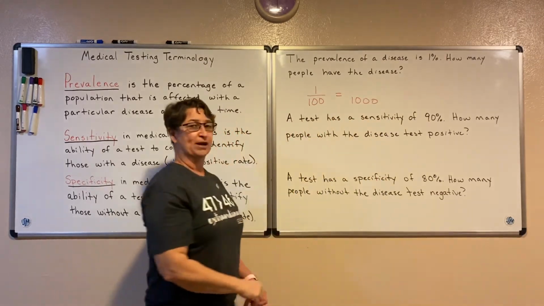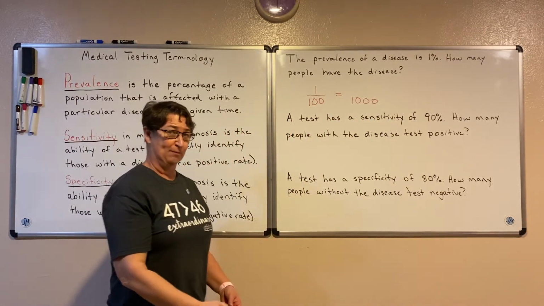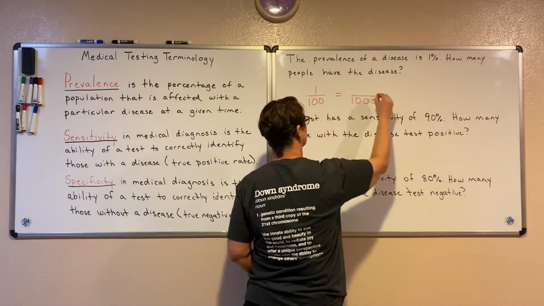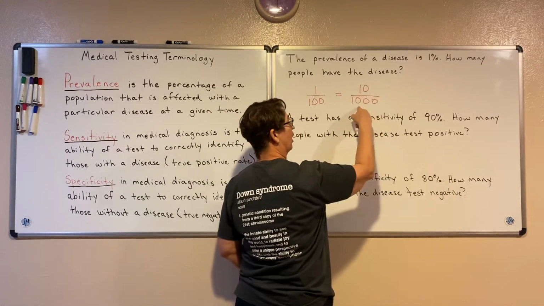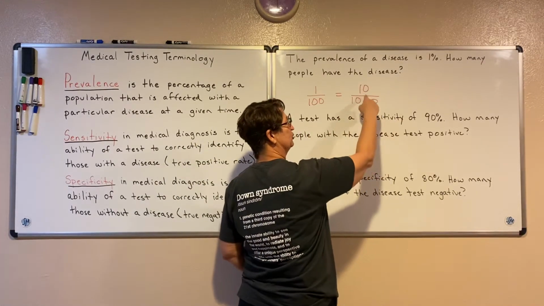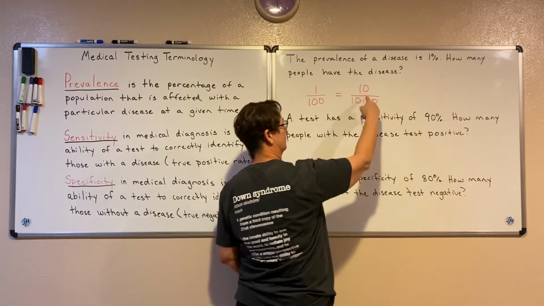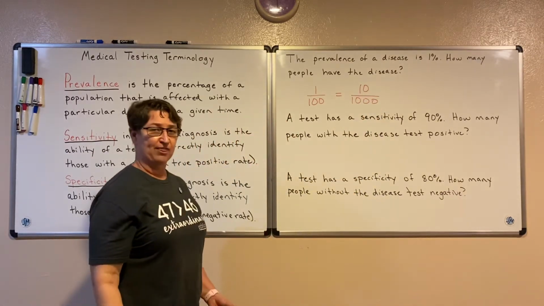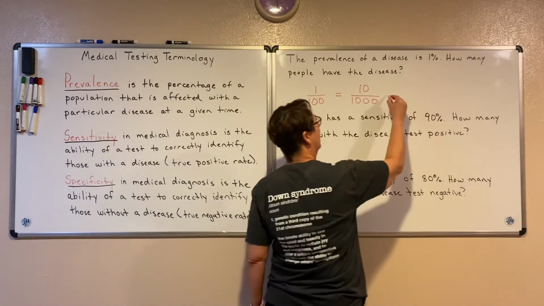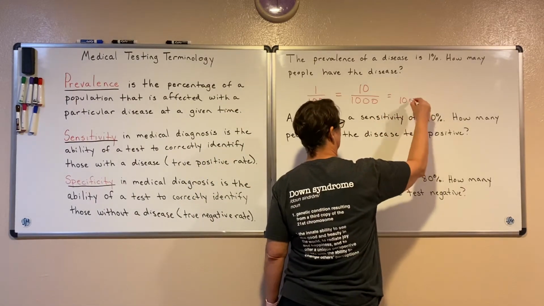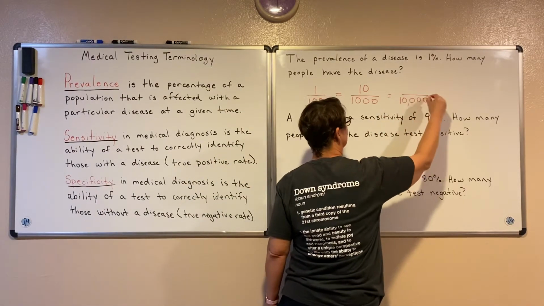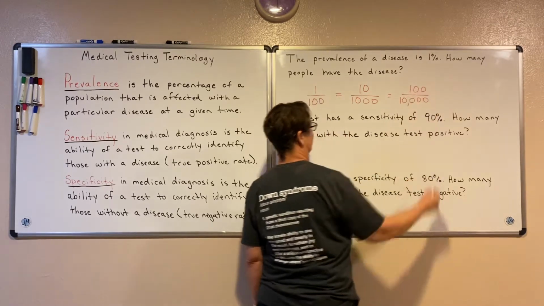Notice I multiplied my denominator by 10. I just multiplied my numerator by 10. Because 1% of 1,000 is just 10. I would expect 10 people to have the disease out of 1,000 people. And if I had 10,000 people, well then I would expect 100 people to have the disease.